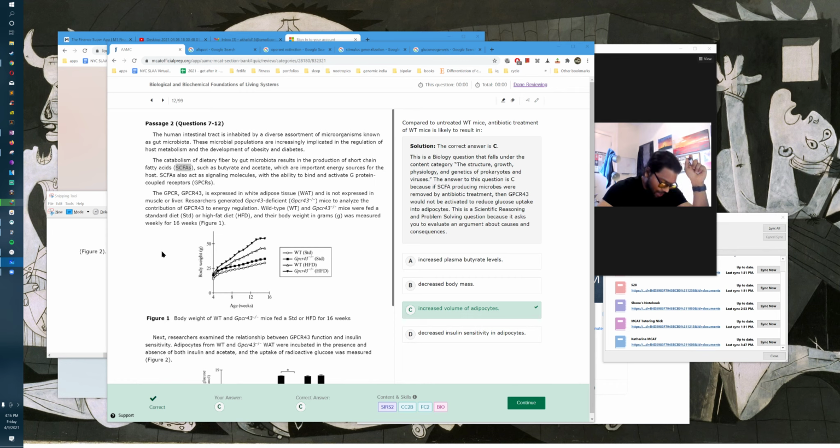Okay, so to explain these, it seems like when they're fed the same diet, the absence of GPCR results in greater body weight. So that basically tells us that GPCRs function to reduce body weight.